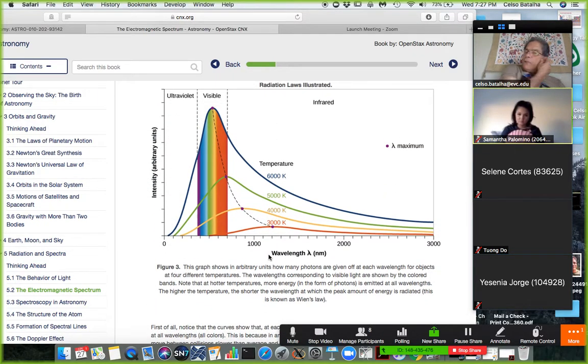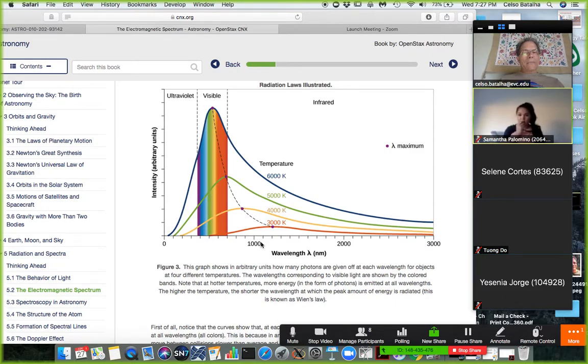Now, what is being shown here is what's called black body radiation. Am I going to describe this to you? Not at all. If you take our physics course, we invest time explaining these processes. But I have to tell you that stars behave like black bodies.